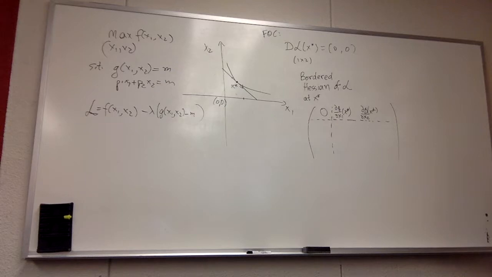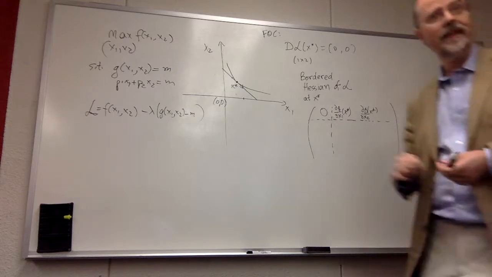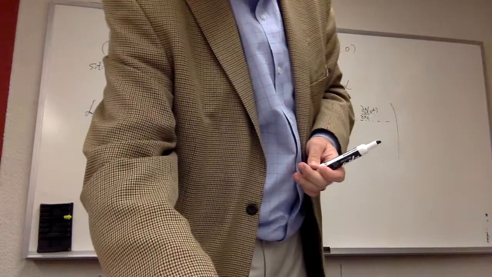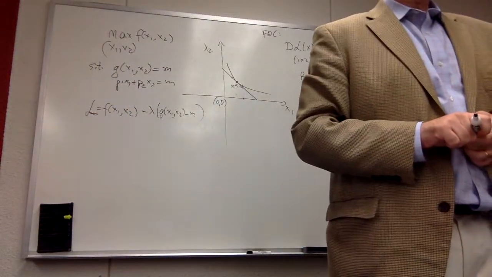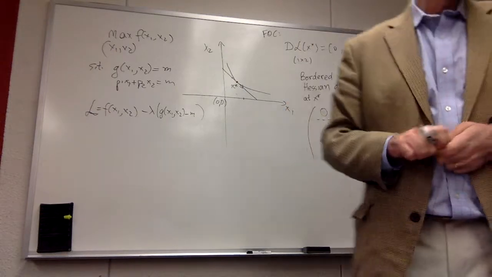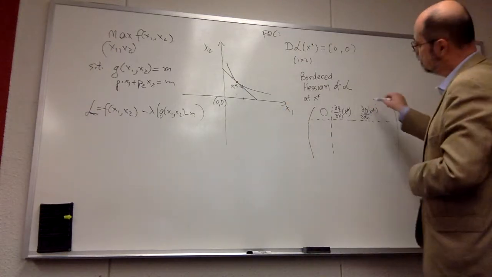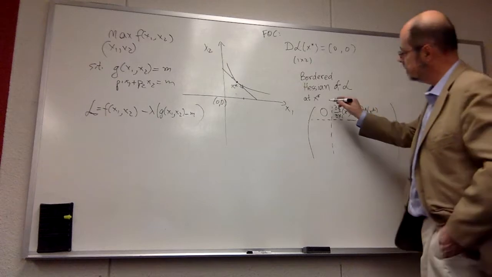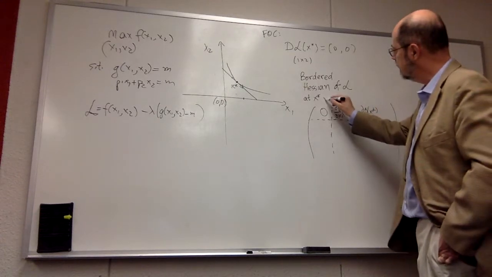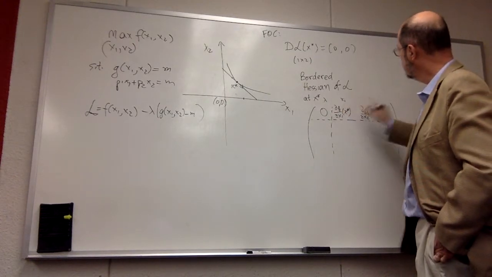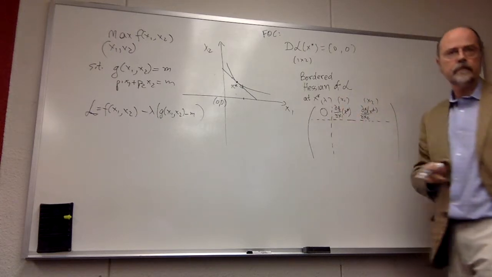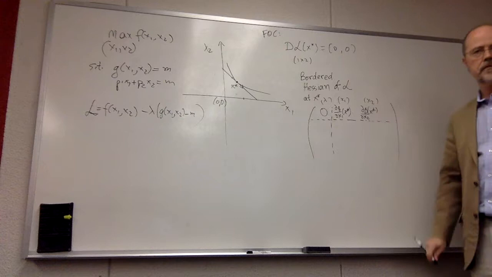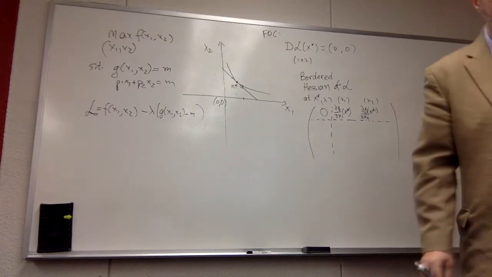If you're curious as to why, I will tell you why. Because when I was an undergraduate and I was taught this, I was puzzled for a very long time about the 0. Why 0? Think of these columns as corresponding to derivatives of the following variables: lambda, x1, and x2. What I just wrote is just for you to realize something.